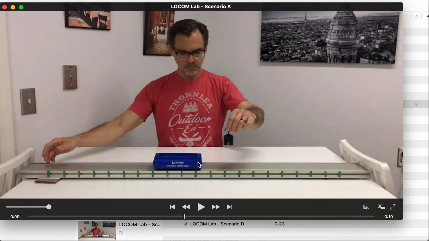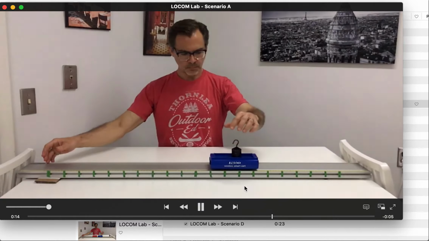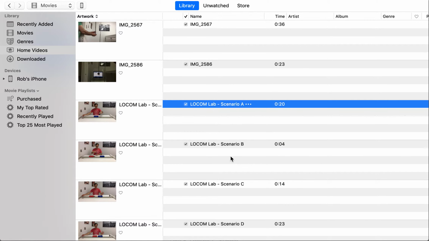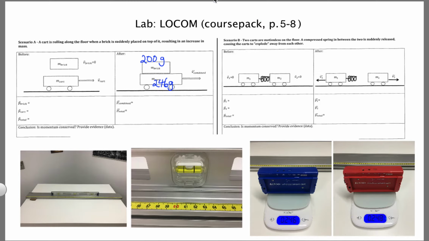That gives me the speed and direction, so velocity before the collision, and then afterwards, so starting sometime around maybe now, you can say, okay, there's 5 centimeters, there's 10 centimeters, and so on, or you can interpolate, you can estimate how far between the tape markers, and that's going to give you an idea so that you can fill in what is the velocity, the prime velocity, which would be a delta d over a delta t.